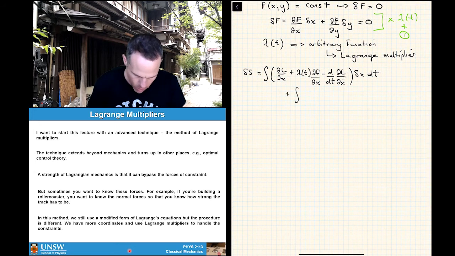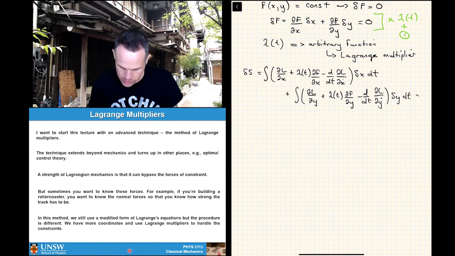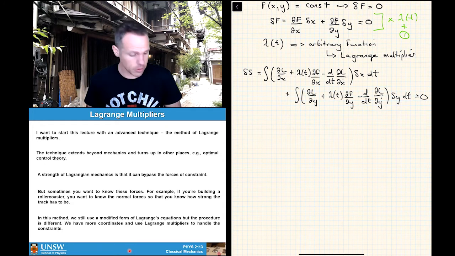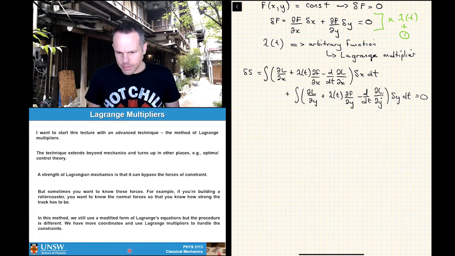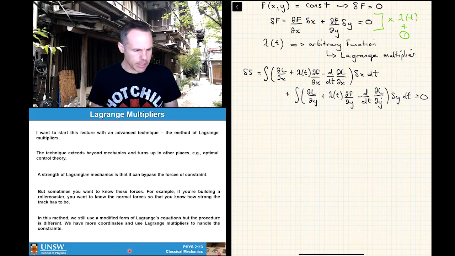We're going to have a similar one in y: dL/dy plus lambda of t df/dy minus d/dt of dL/dy-dot, delta y, dt. And of course this is going to stay equal to 0, because I took something equal to 0 and added something equal to 0 to it. At this point it's like, okay, we're going somewhere, let's see where. But there's some inspired genius behind this whole thing, and here's the clever bit.